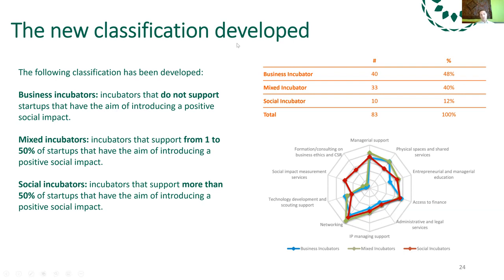So we focused on the supported organizations, and we divide among business incubators that do not support startups with a significant social or environmental impact, social incubators that support mainly more than 50% of startups with a social or environmental impact, and then mixed incubators that have some of these startups, but they don't have a focus on them. They have supported some of them, but they are not focused on that.